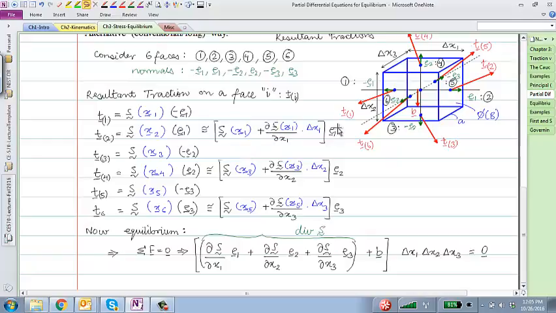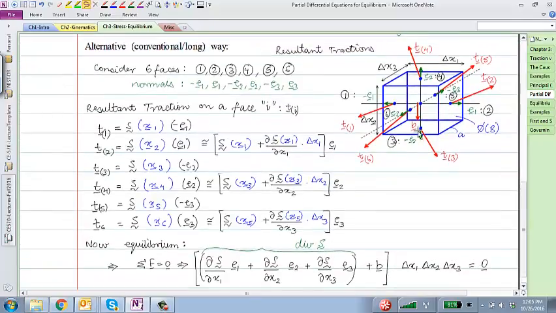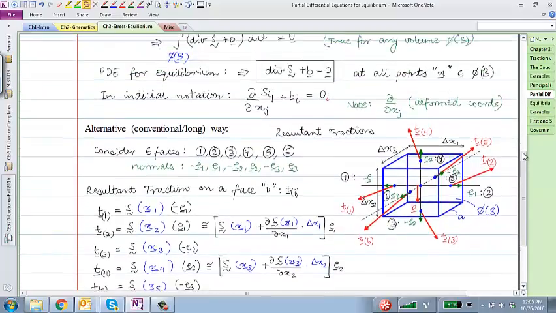And when you multiply these tractions with the areas, you get delta x1, x2, x3 common out, and you come up with the exact same relationship, divergence of stress plus body force equal to 0. So this is an alternative way, maybe something that you might be more used to, where we are again doing the sum of forces explicitly and trying to figure out what would be the condition for equilibrium of a point. Okay. Any questions on this?